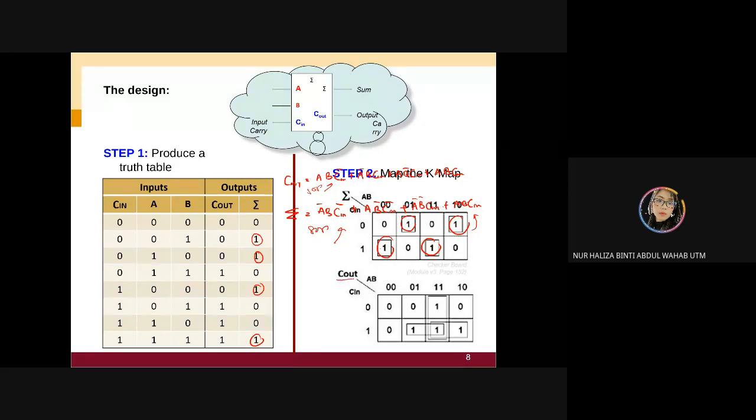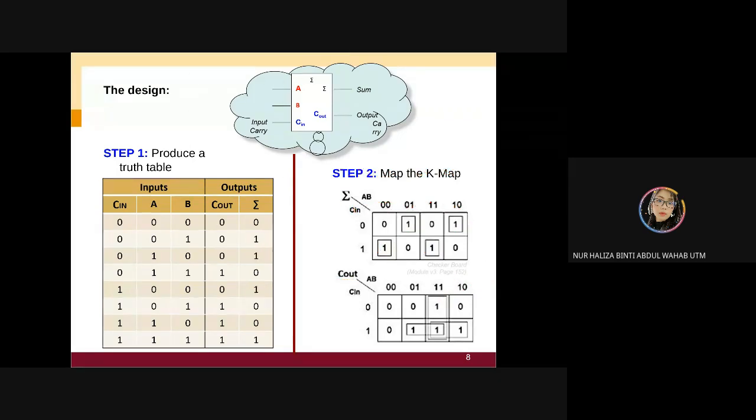In terms of C out, you still can simplify. You're going to get AB plus C in B plus C in A. So this is the simplified version.